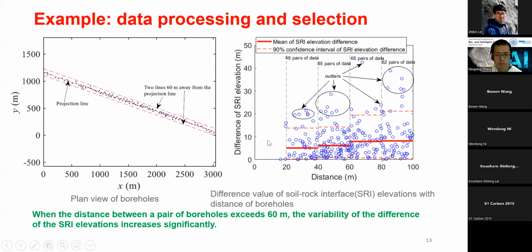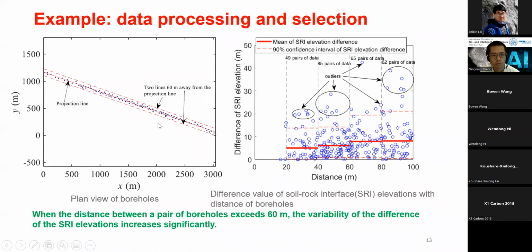We just plot the difference in the raw head elevation for any pair of boreholes. And as you can see, when the separation distance of boreholes exceeds 60 meters, the difference of the raw head elevation can increase significantly.